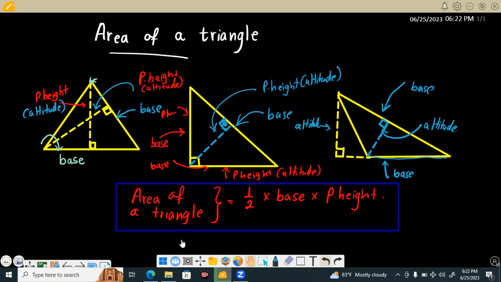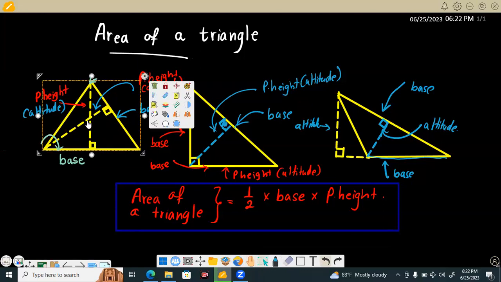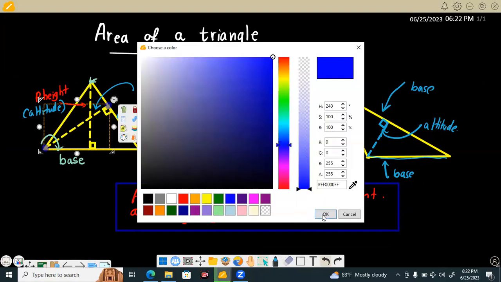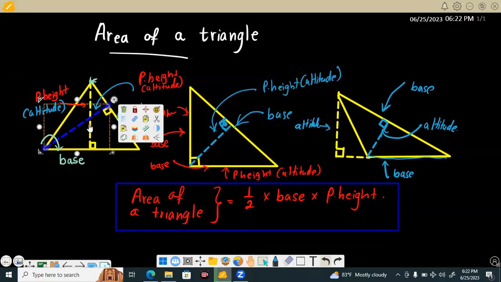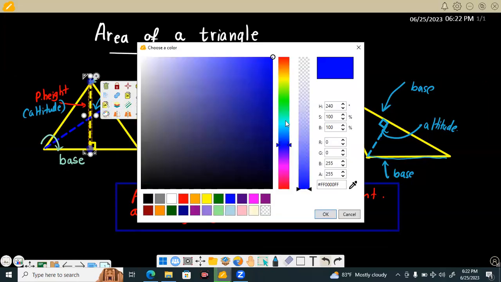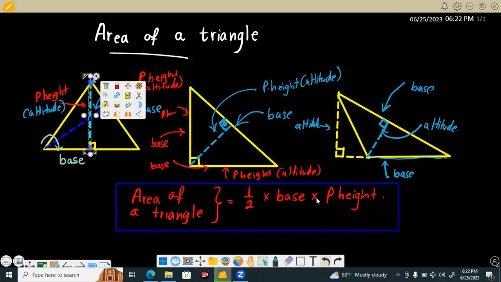I will show. Everything drawn in blue color are perpendicular heights.